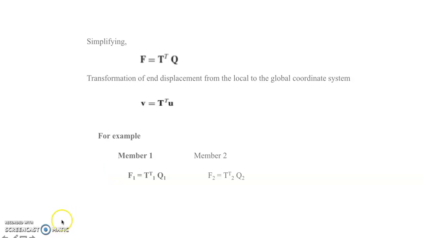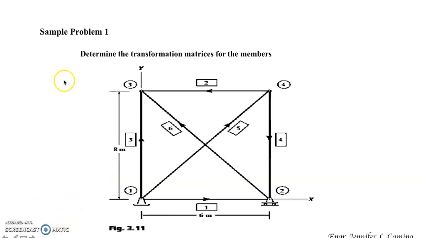So if we're going to apply those equations to our example, you have here an example. Number 1, you just have to determine the transformation matrix of the members. For this, you are given the figure, and you have 6 members for the plane.